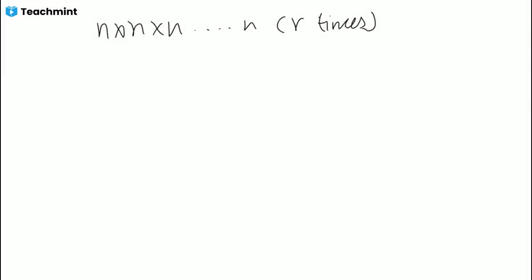So we have the formula n into n into n, n r times, meaning we are repeating n r times. Then it is equal to n to the power r.